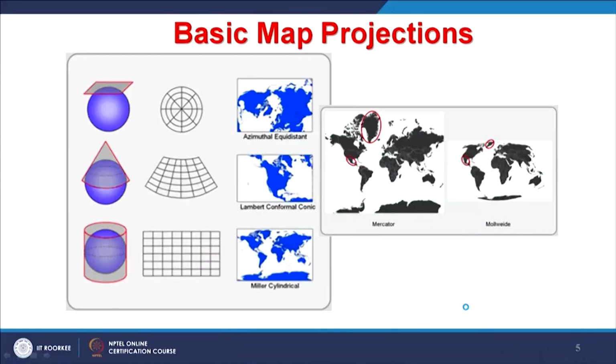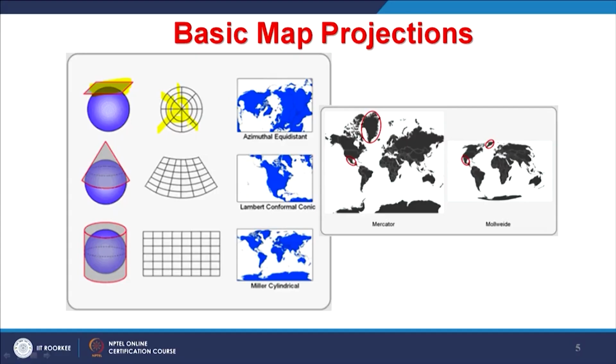Now, as I have already mentioned, there are three basic types of map projections. The first is the azimuthal projection, where the latitudes appear as rings and the longitudes radiate from the center wherever I have kept the sheet.